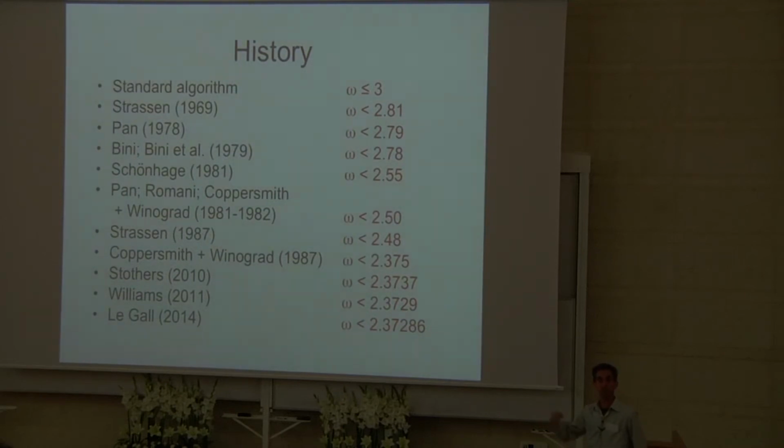I'll try to describe many of the ideas that go into all of these works. And then you can see there's a flurry of work in the last few years by Stothers, Williams, and then very recently, in January, I guess, by Le Gall, that improve over Coppersmith and Winograd's result by smaller and smaller amounts. I'll try to say something about the ideas that go into those works as well.